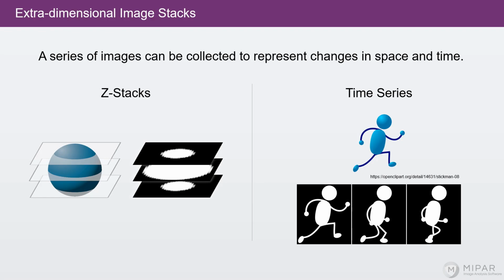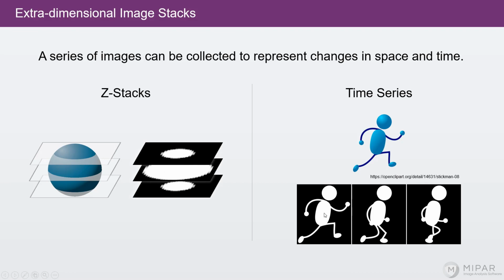Now, as with pixelation that we talked about before with spatial information in your image, with Z-stacks and with time series, you need to make sure you're sampling frequently enough to capture the features you want to capture. So you need to make sure that your spatial resolution is tight enough to tell that this is really a sphere rather than a pyramid or a cone or something.